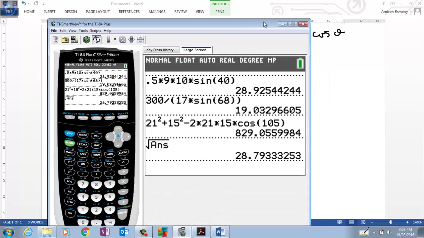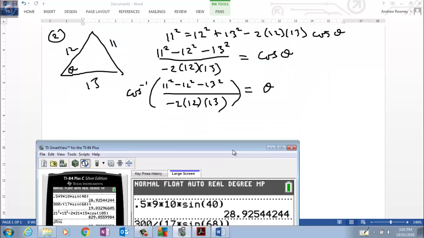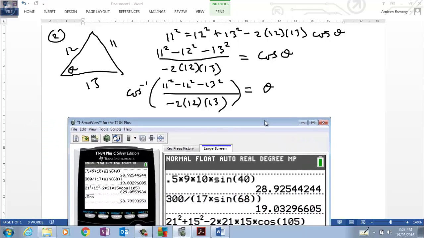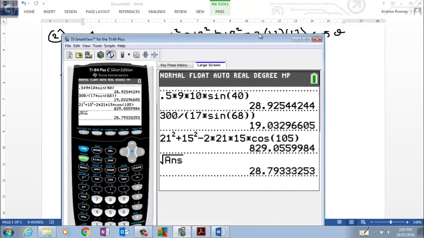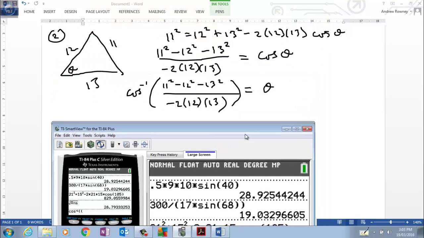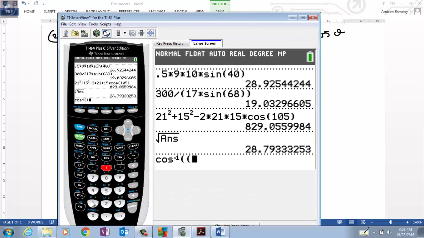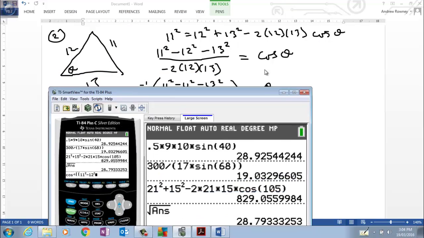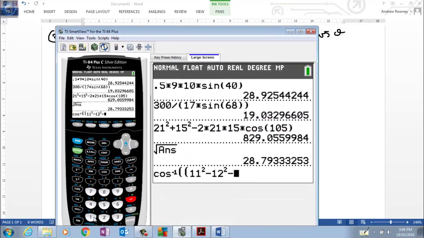So we want 11 squared. First of all, we want to have a bracket with inverse cos and separate the numerator and denominator. So we want to do shift cos, and I'm going to put another left bracket because I'm going to put in the numerator. So that's 11 squared minus 12 squared minus 13 squared.